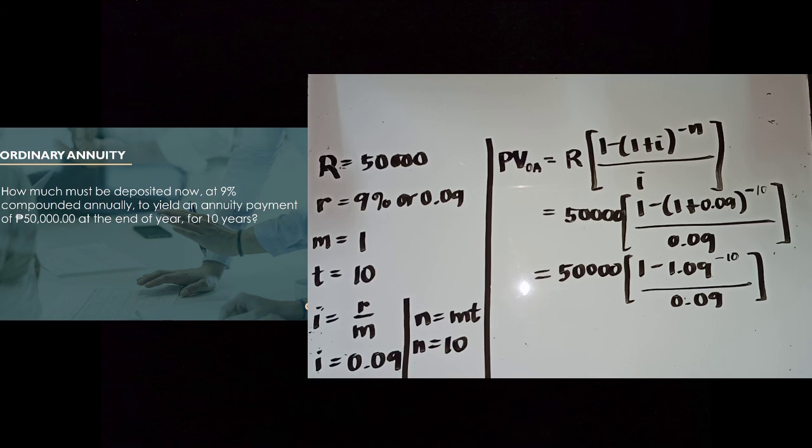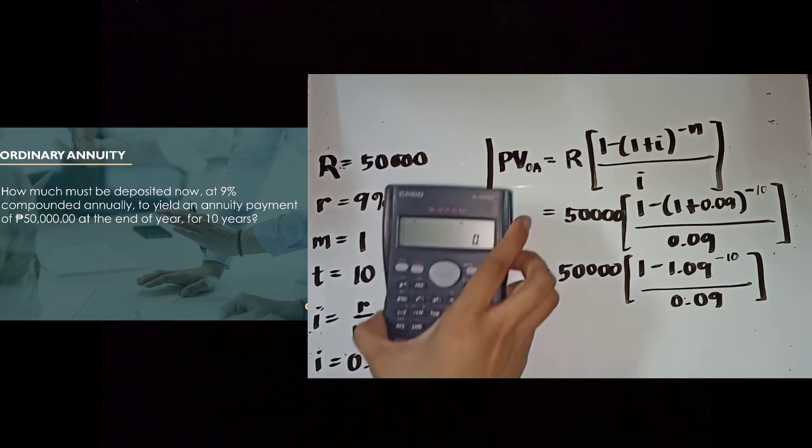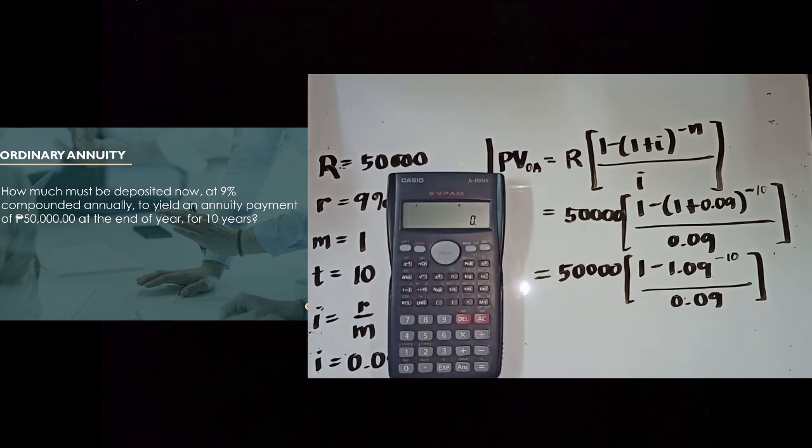And next, input lang natin siya sa Calcu. Okay, so input lang natin lahat sa Calcu. R, which is 50,000. So, 50,000 pesos multiplied by, so, dalawang parenthesis ako para dito and itong sa numerator. So, 1 minus 1.09 raised to, okay, so exponent natin, negative 10.